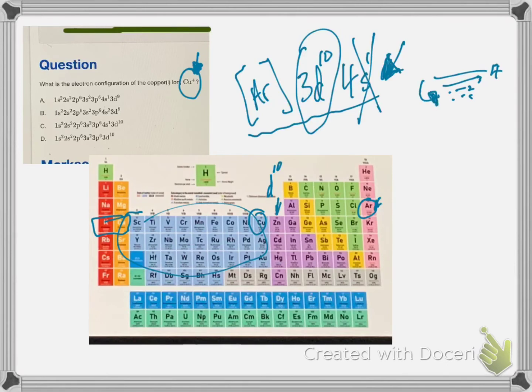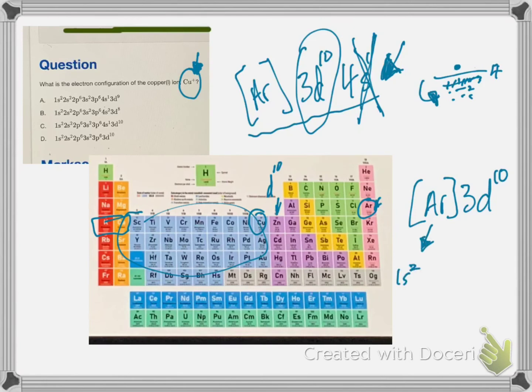So it's easier to remove the individual electron in the 4th energy level than from the full d subshell with 10 electrons. Therefore, removing 1 electron here gives us a configuration of argon 3d10.